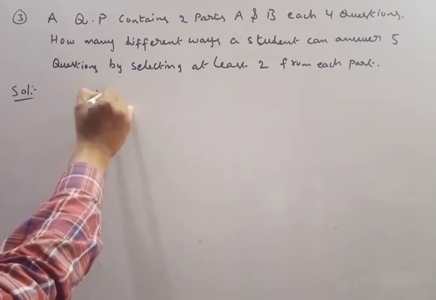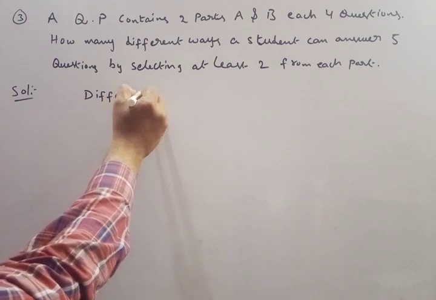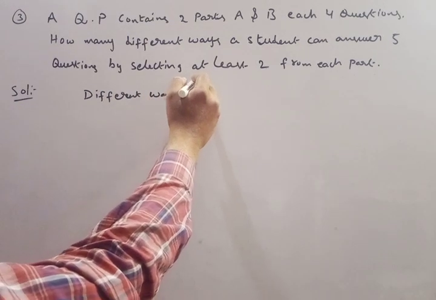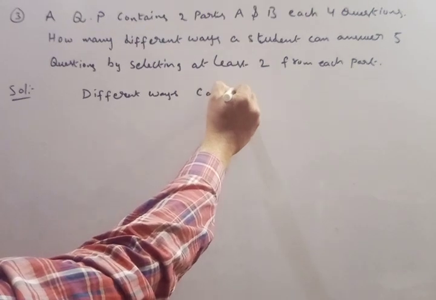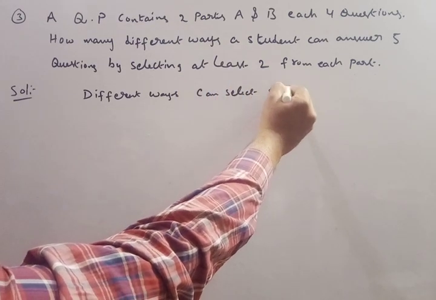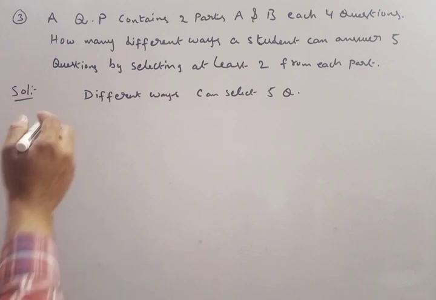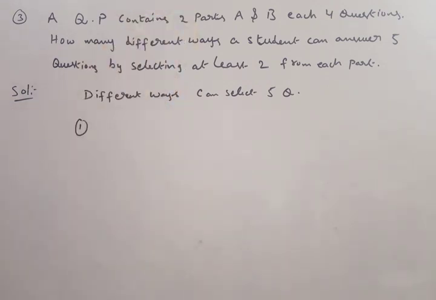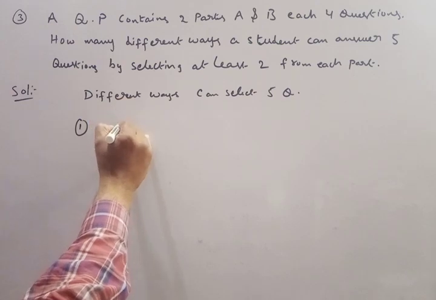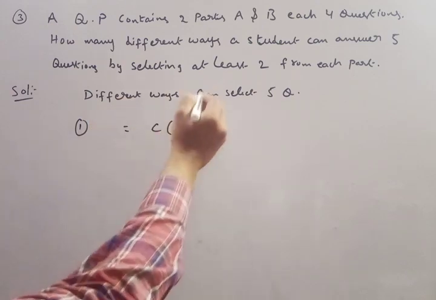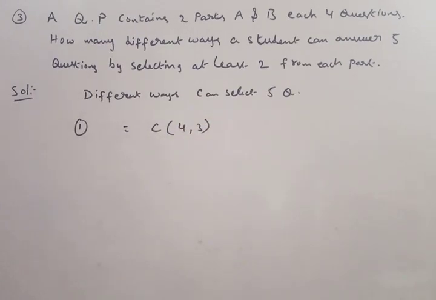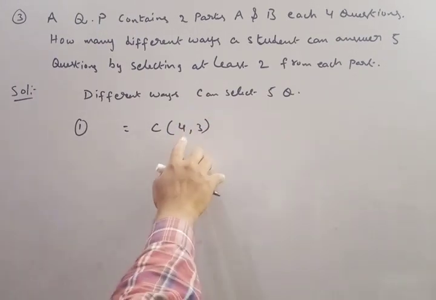So different ways to select 5 questions, right? So what is the first case? Part A and part B. In the first case he can select from part A 3, correct?